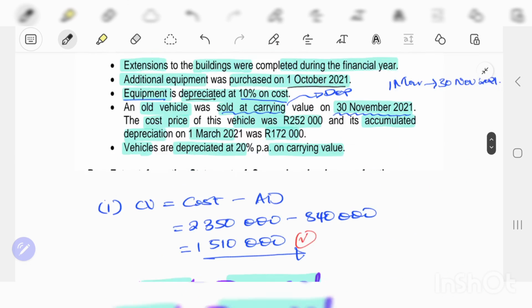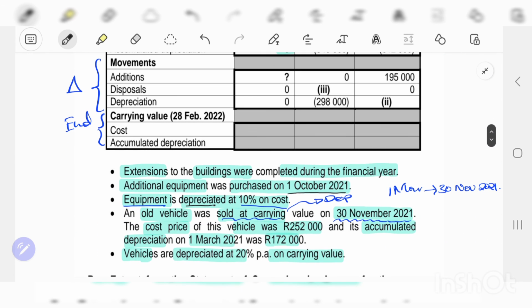If we bought it on 1 October, it is October, November, December, January, February, which is 5 months.